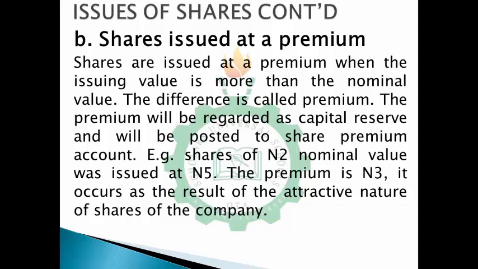Because before a company would sell shares at a figure higher than the face value, it is probably because the company is doing so many things that are attractive, and that is making the shares of the company attractive.